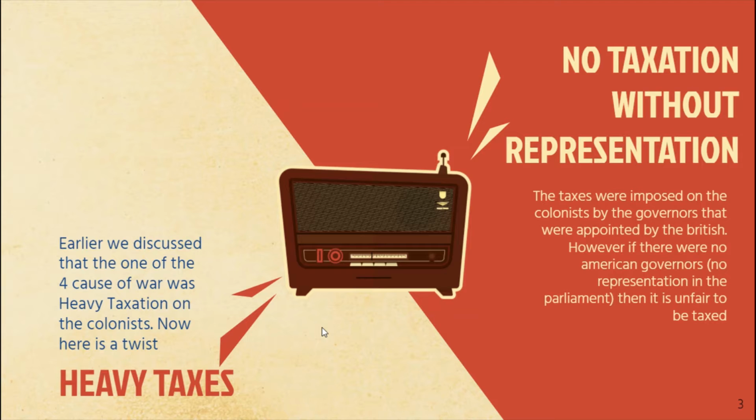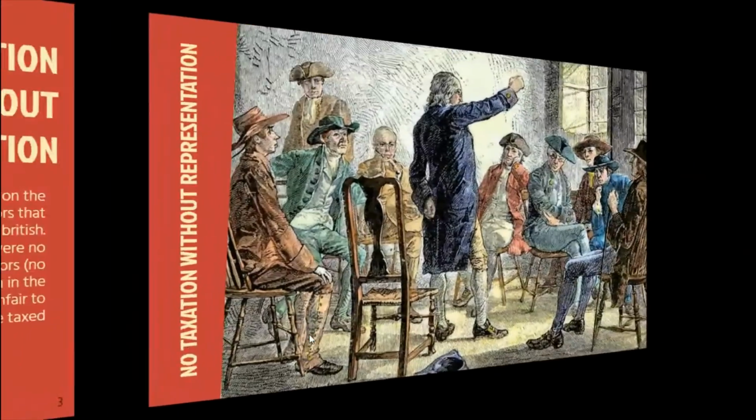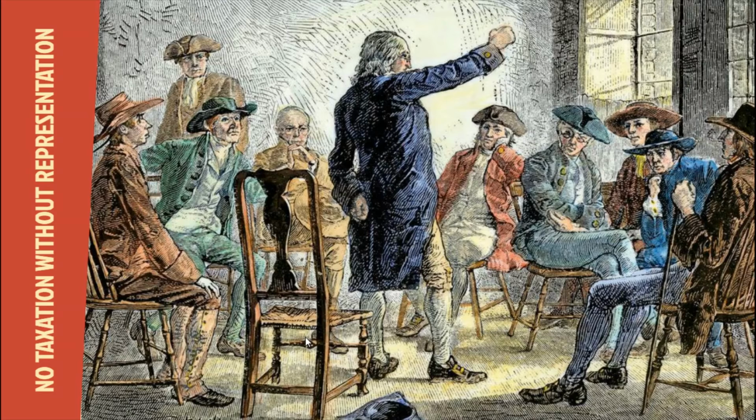If there are no American governors, then why are the Americans paying the tax? If there are British governors, then the British should be paying the tax, right? There was no representation in the parliament, so it's unfair to be taxed. The colonists argued that the British Parliament had no right to tax the colonists, since they had no representatives in the parliament. So, no taxation without representation became the clarion call of the colonists.